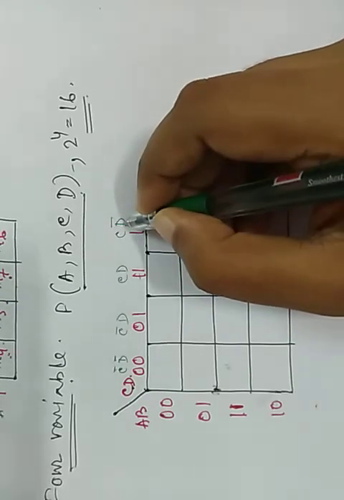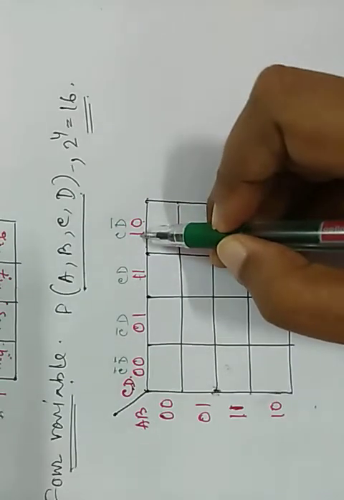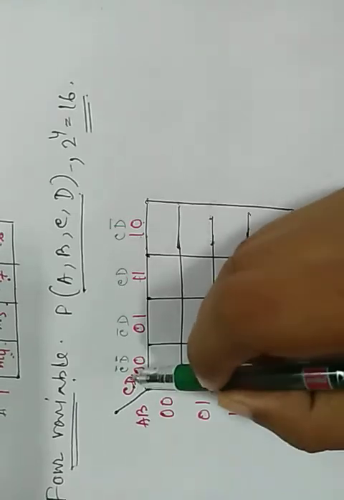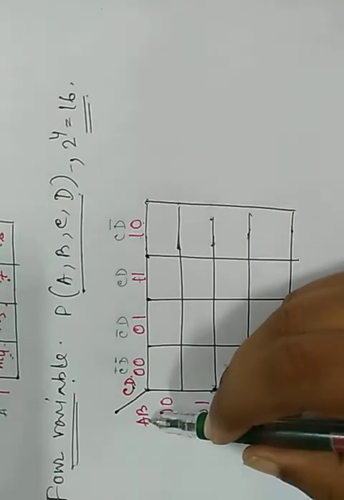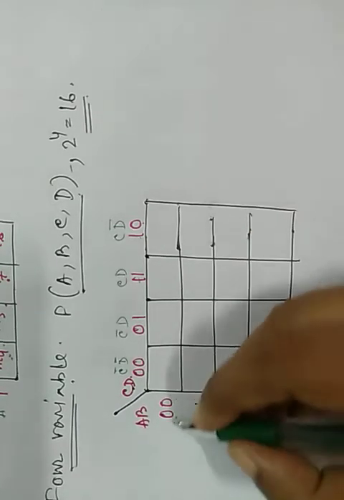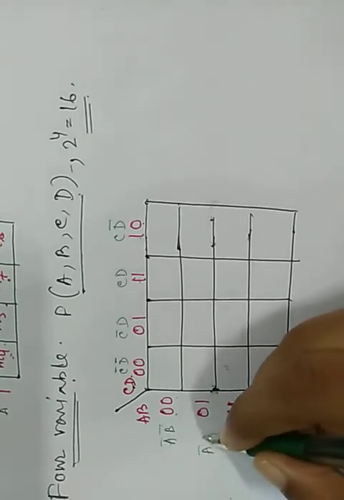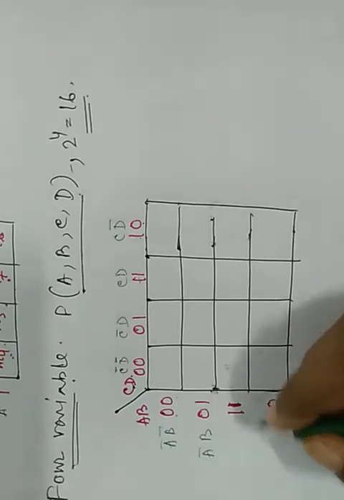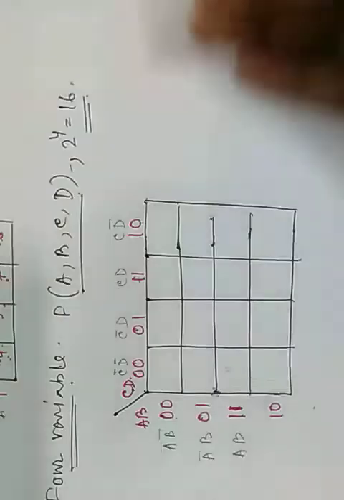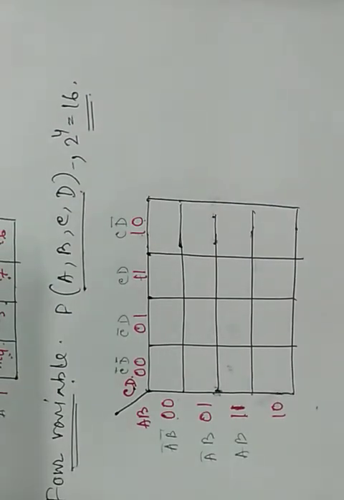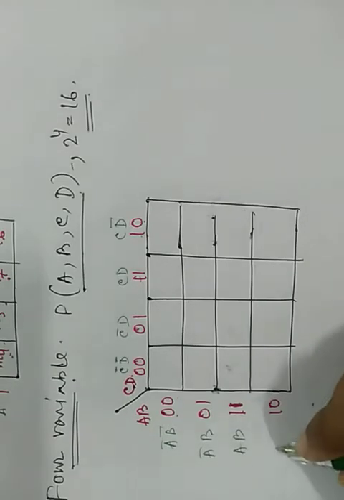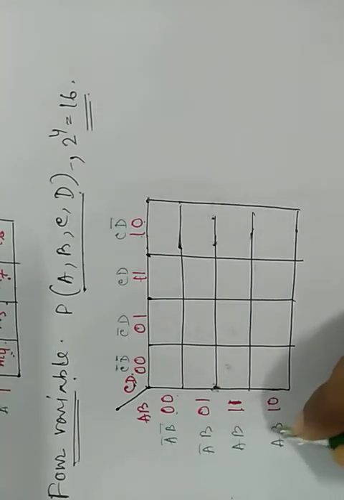And 1 0 is C D bar, because 0 is for D bar. The first bit is for C, the second bit for D. Here also, the first bit is for A, the second bit for B. So it is A bar B bar, it is A bar B, it is for AB, and it is for A B bar.